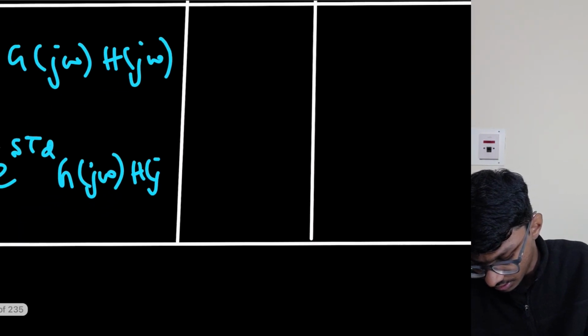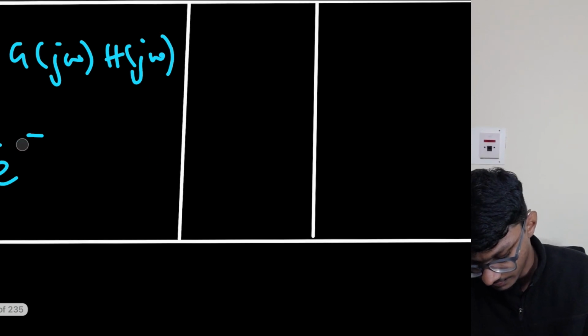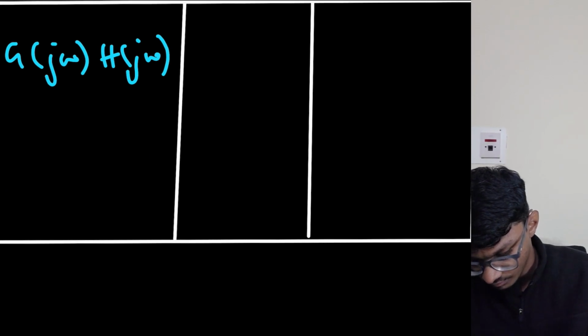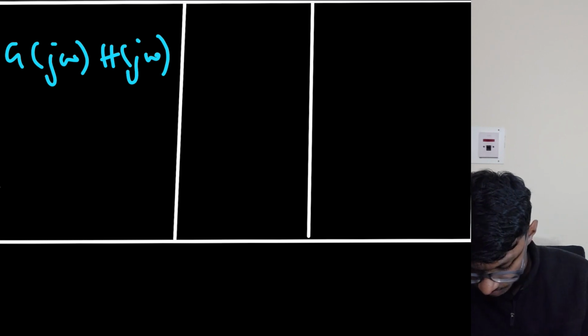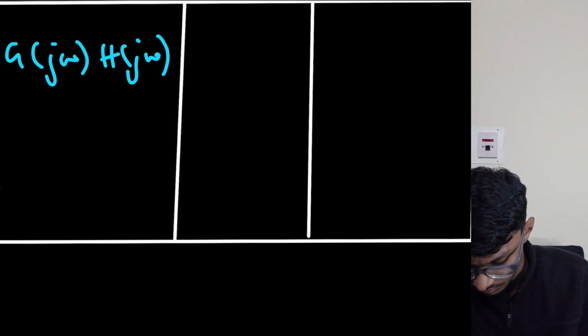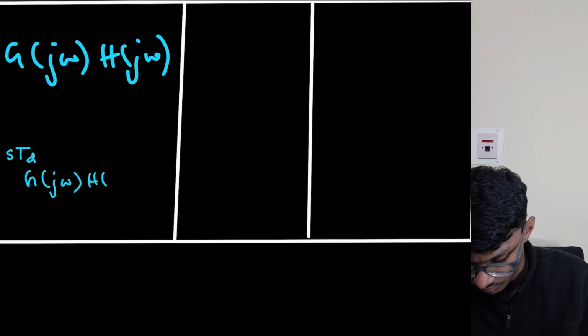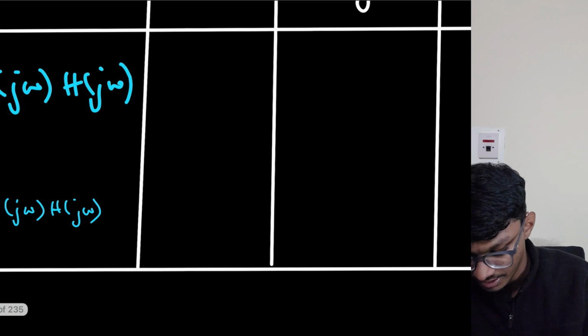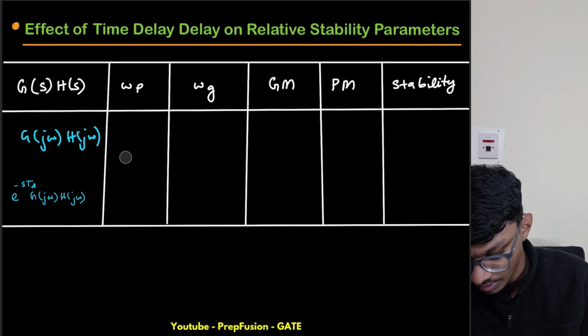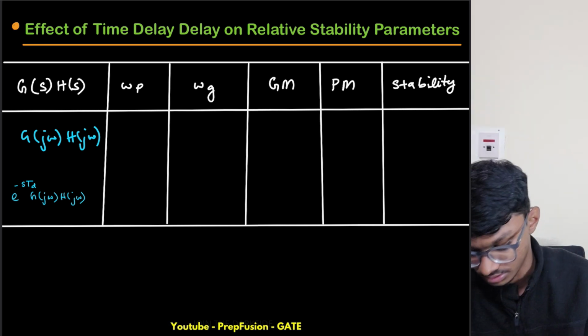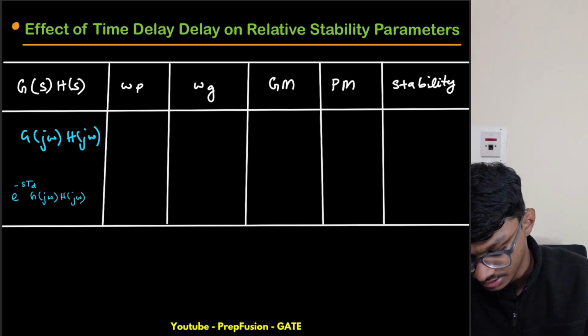Let me just write this with a smaller pen, it's a little difficult. So what happens? This obviously decreases. Here I can say my omega p decreases.